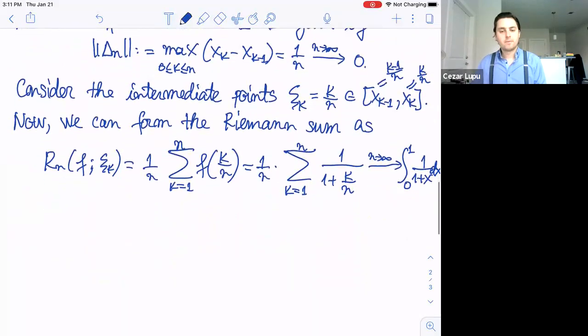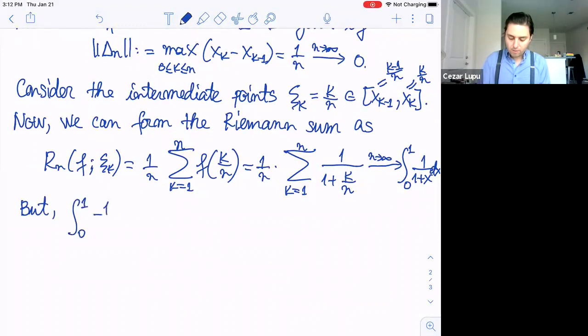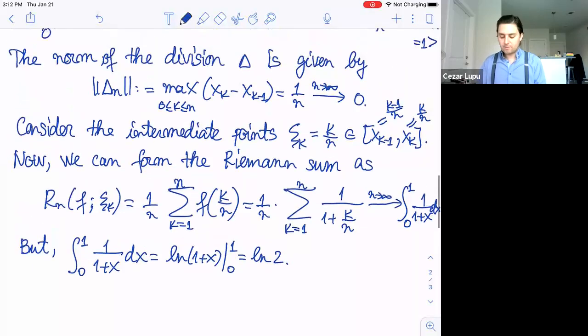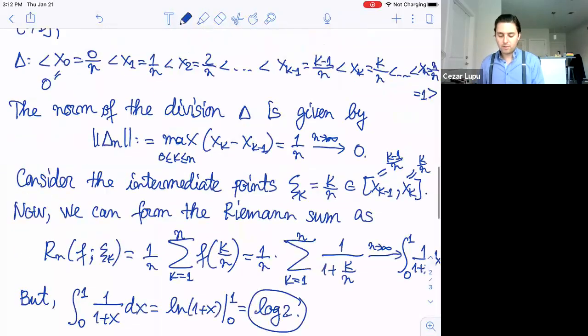And this integral is nothing else than ln of 1 plus x from 0 to 1, which gives us ln of 2. So the result is ln of 2. That's the final result of this limit.